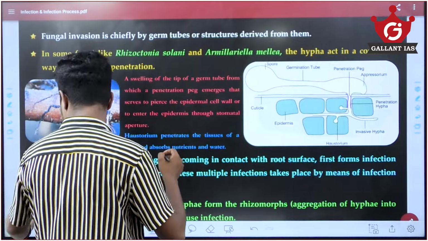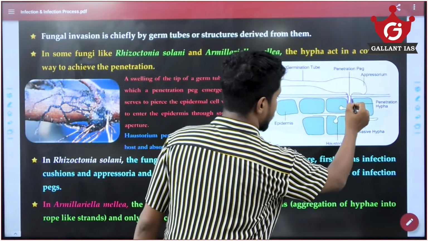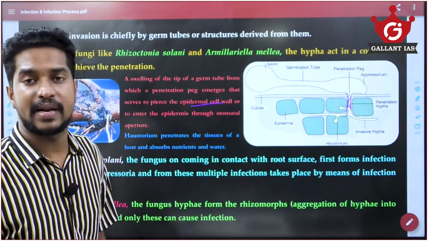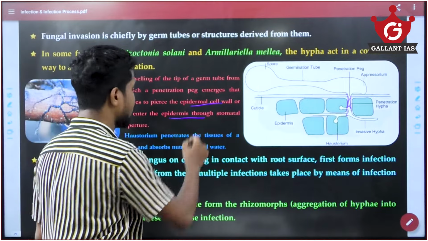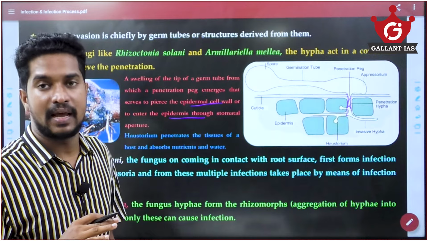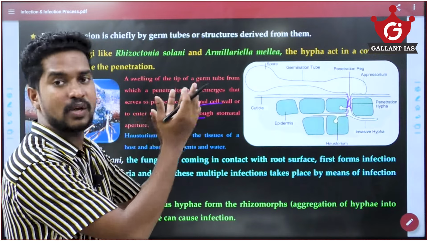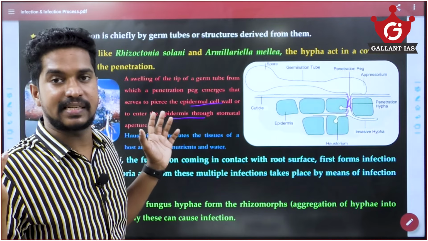This penetration peg pierces into the epidermal cell wall or enters the epidermis through the stomatal aperture. The stomata is a natural opening.